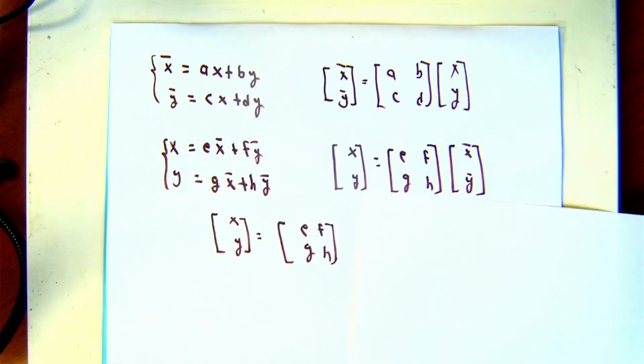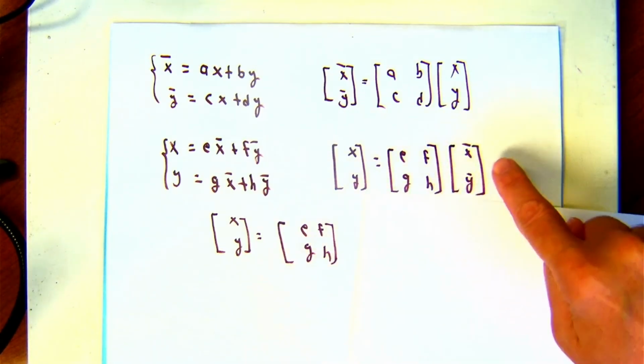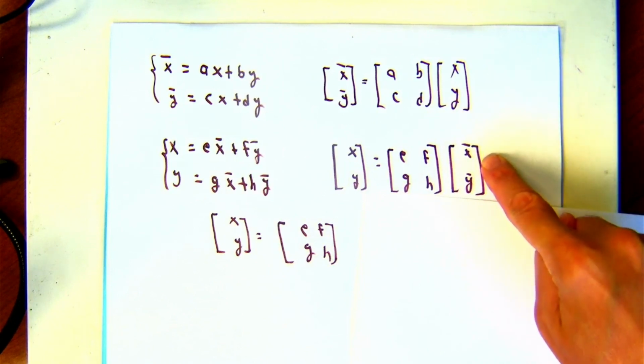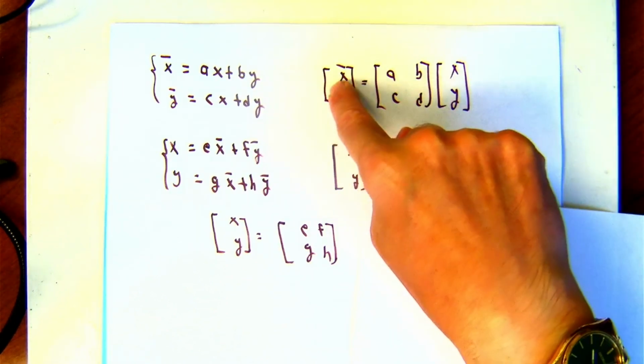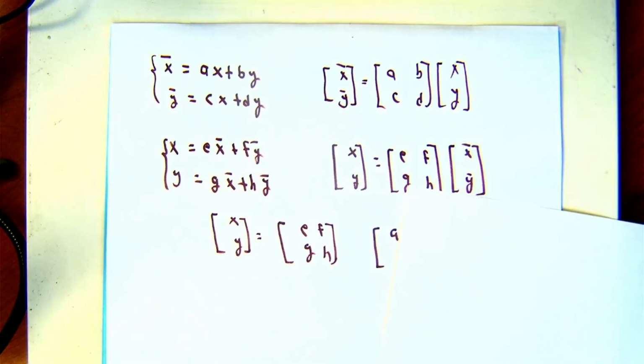For any point with unbarred coordinates x and y, xy must equal EFGH times x bar, y bar. But x bar, y bar is ABCD times xy.